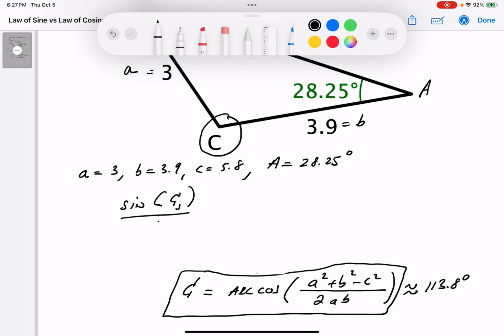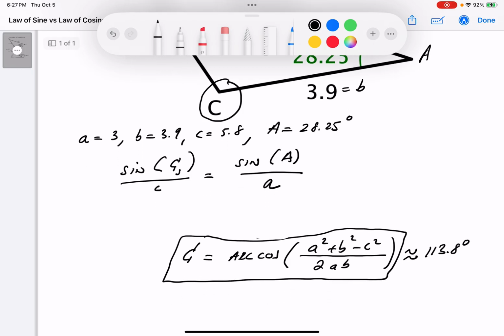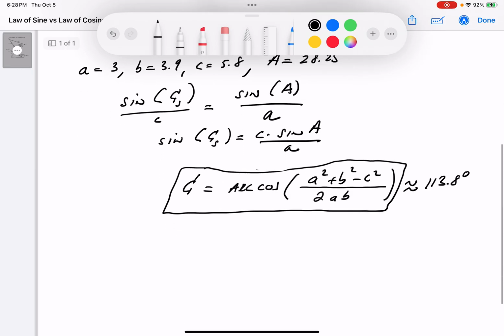What's side C? It's letter C, equals the sine of A, that's written down, by the way, over side A. I think I can figure that out. It's going to be the sine of the supplement of C is equal to C times the sine of A over A. What do I do now?